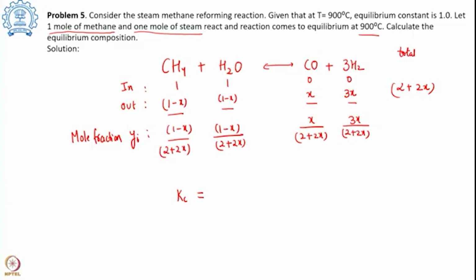So, if we quickly write down these in the formula for the equilibrium constant, the product side is CO and H2. If the reaction is of the form A plus B giving C plus D, then the equilibrium constant is the product of yC and yD over the reactants. Let us write down this Kc for the problem.